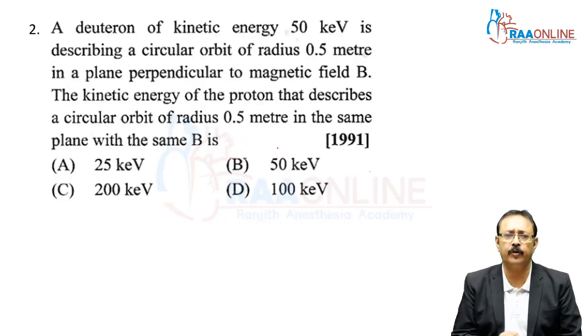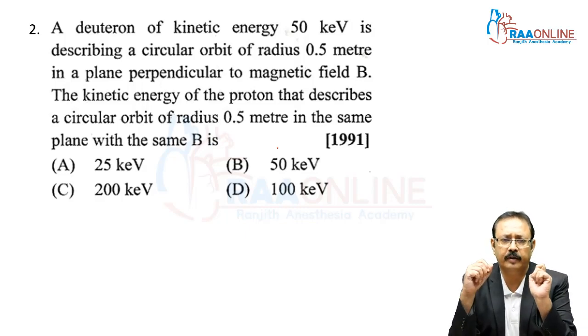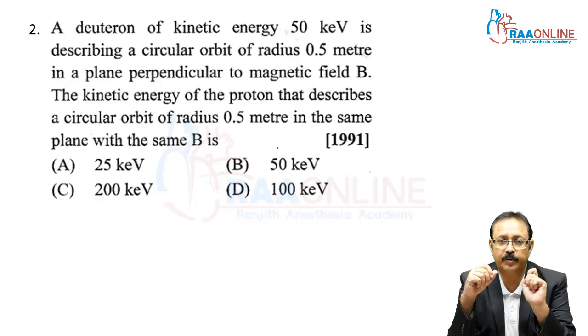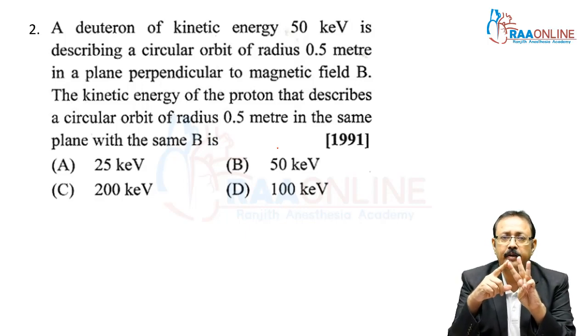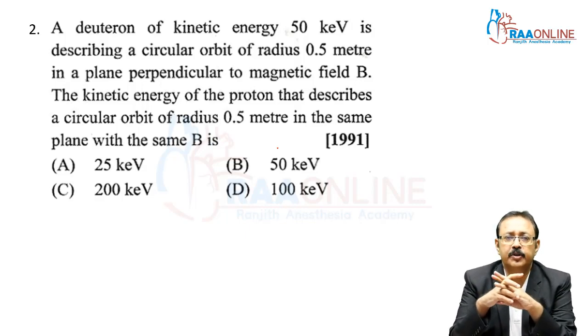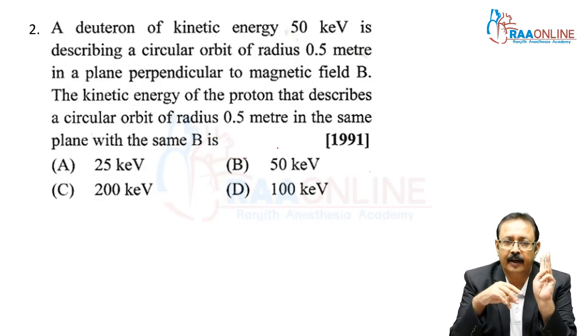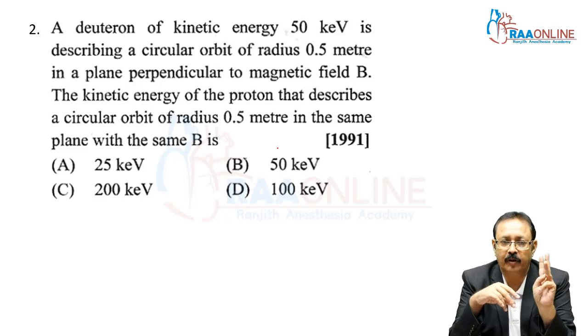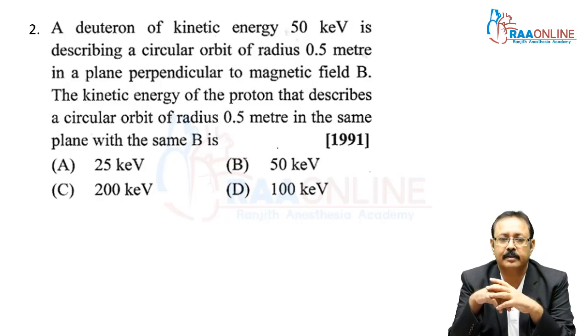Second, it is from 1991. A deuteron, isotope of hydrogen. You know that 3 isotopes are there: 1H1, 1H2, 1H3. So 1H2 means atomic number 1, 1 proton, 1 electron, and 1 proton and 1 neutron as mass.